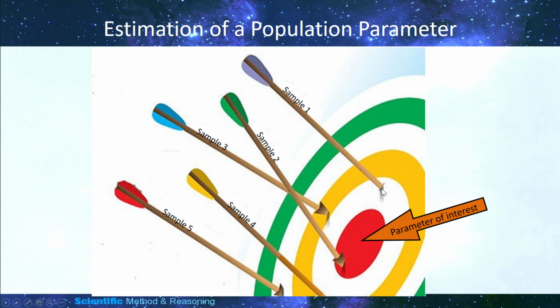For the first sample, you collect a random sample, you aim at the target but actually hit somewhere else, and for the second, you hit very close to the target parameter.